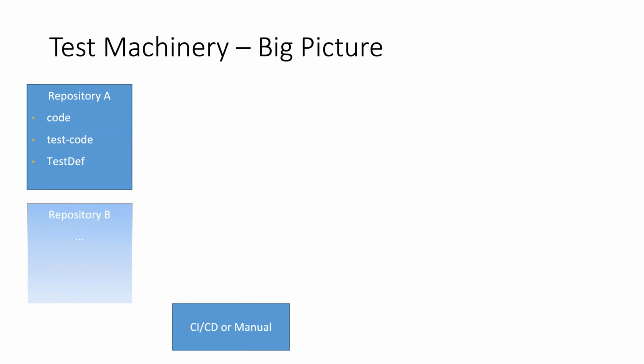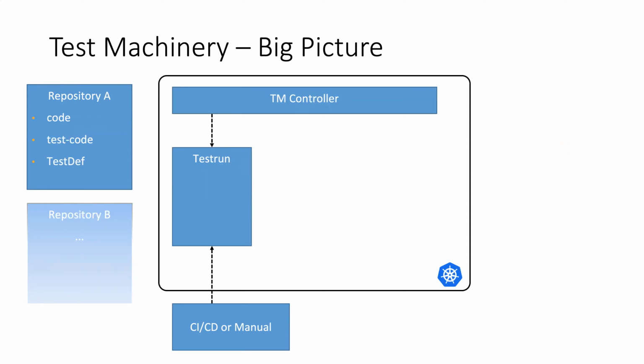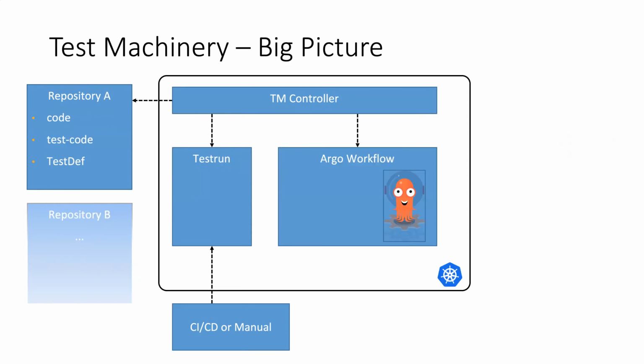So a test run is triggered, and our test machinery watches for test runs. Then it searches the locations and the repositories for specific test definitions and generates the workflow. The workflow is an Argo workflow, which is another component. Argo is an open source project, a controller that handles pipelines and workflows.